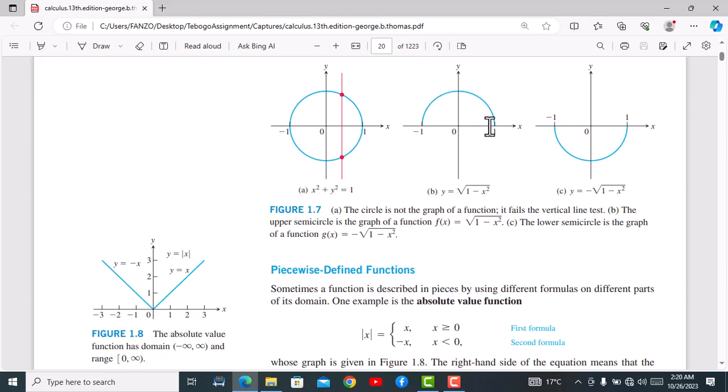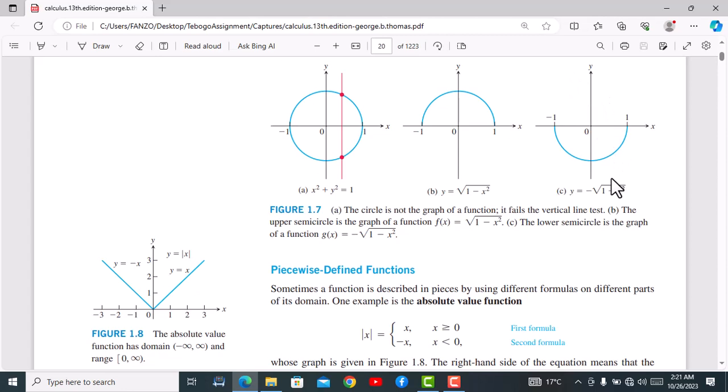And then you can draw this semicircle. And then for the other part, minus the square root of 1 minus x squared, it's this lower part there. So these ones are functions. Why? Because for every value of x, you can only get one value of y. So these ones pass what we call the vertical line test.